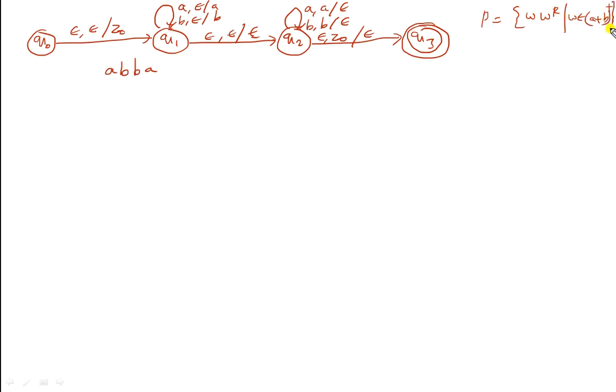Okay. So this is the language given, and we considered one of the strings, ABBA, whether it is accepted or not. However, as human beings, we can easily recognize what is W and what is W power R. So here it is the midpoint. However, for the computer it is very difficult to recognize where the midpoint lies.